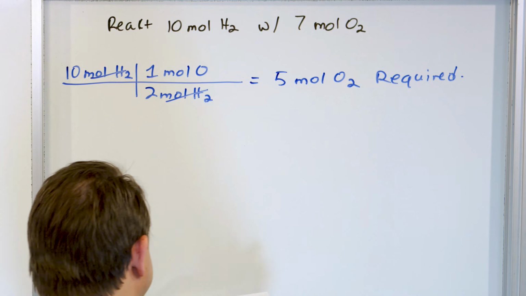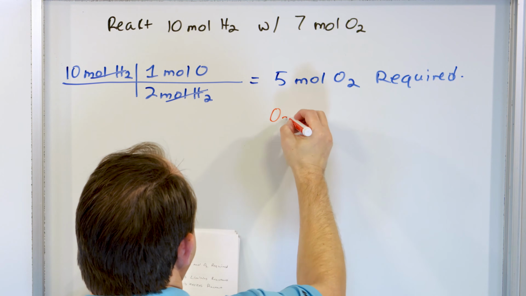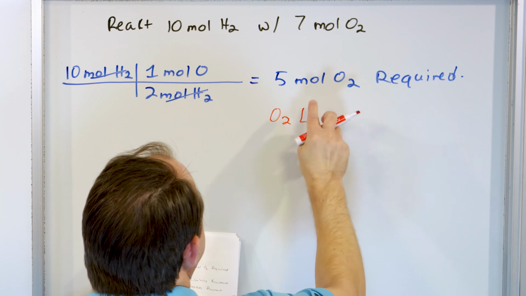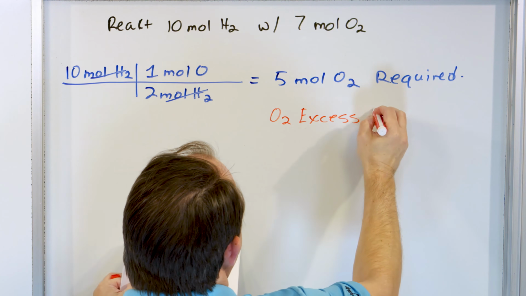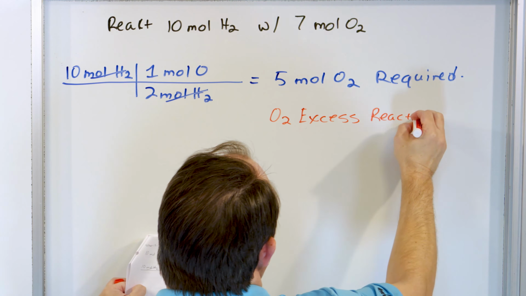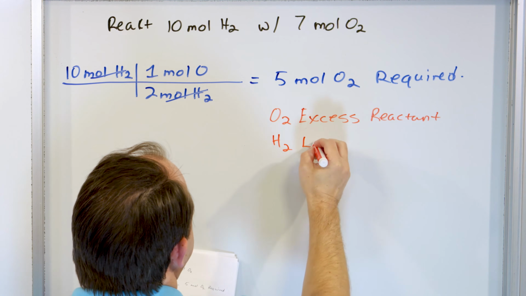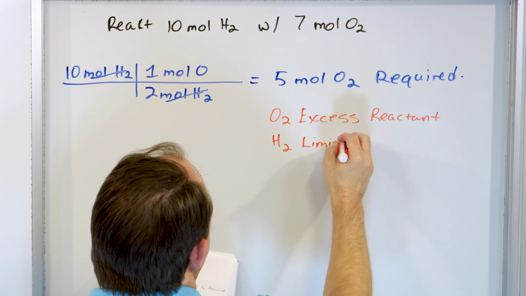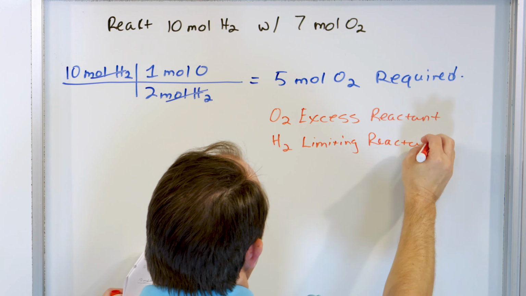Because I need 5 moles of oxygen, but I actually have more than that in the vessel, in this case the oxygen is not the limiting, the excess reactant. And if this is the excess reactant, then hydrogen is the limiting reactant. Right?